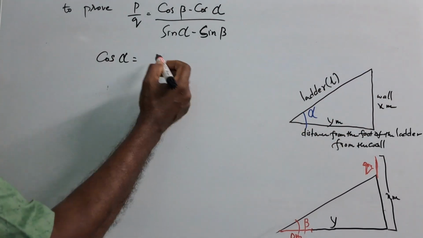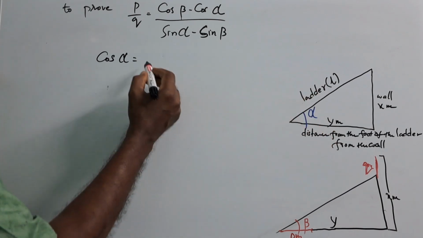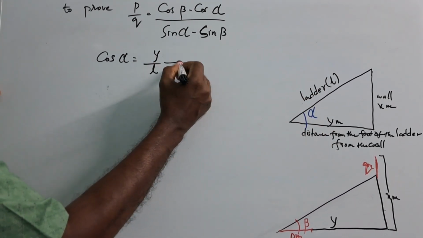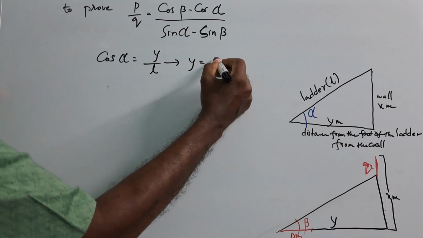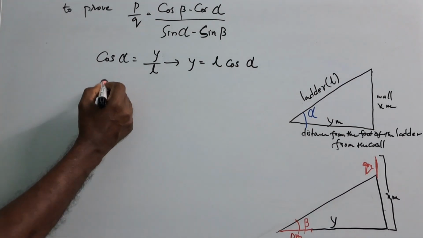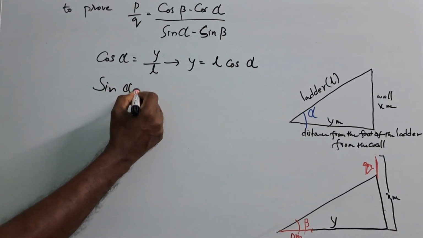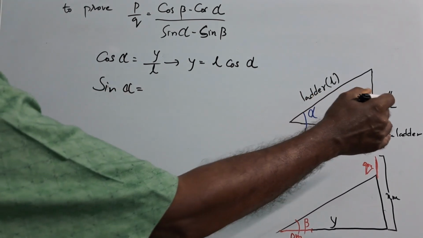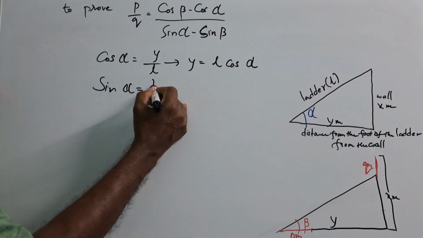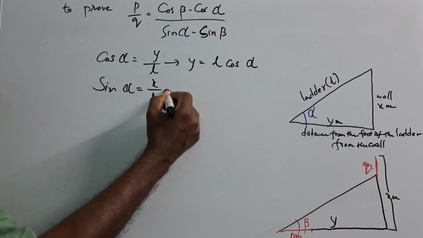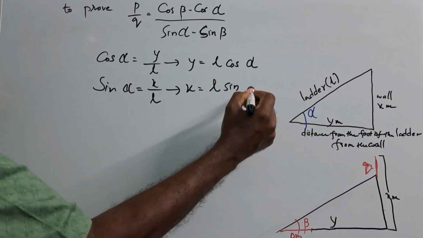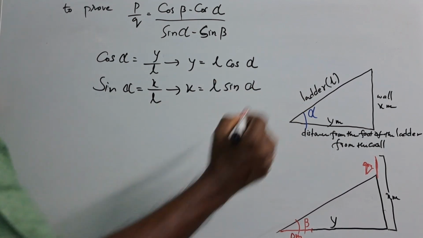So cos alpha is equal to adjacent by hypotenuse, y by L, and y is equal to L cos alpha. Sin alpha is equal to opposite by hypotenuse, x by L, and x is equal to L sin alpha.